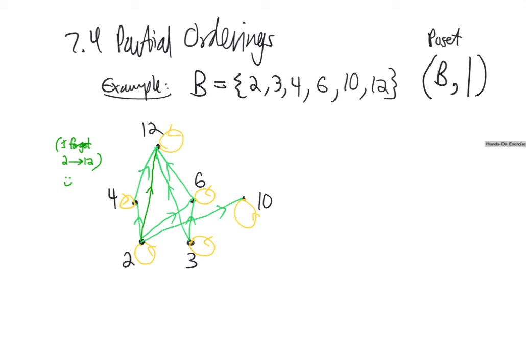Now take a moment to pause the video and decide which of the edges are going to disappear once we make our Hasse diagram, this simplified version of a digraph for a partial ordering.